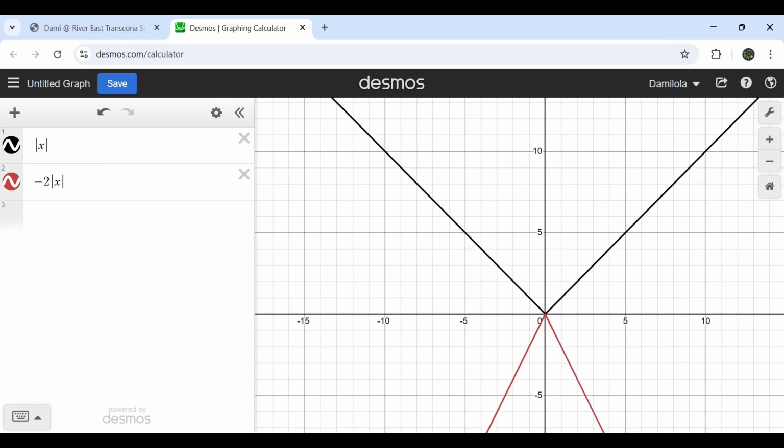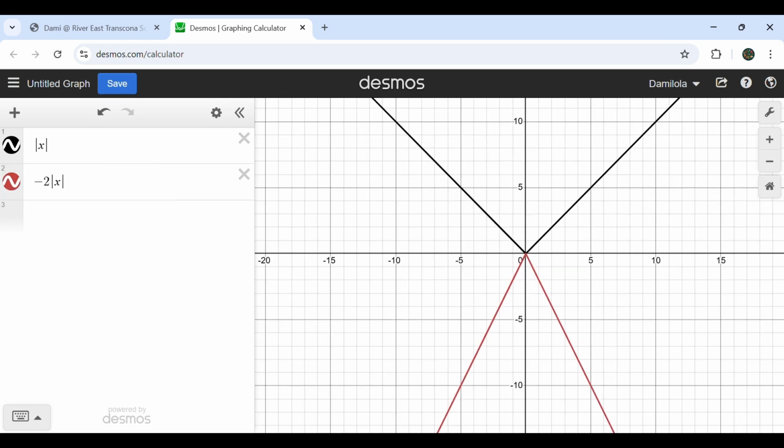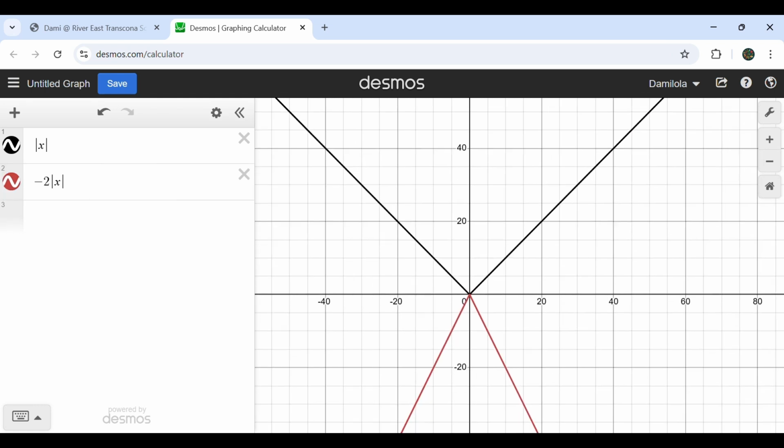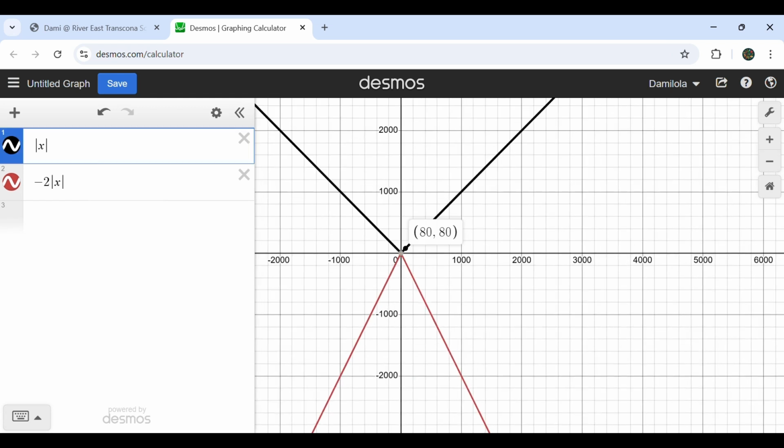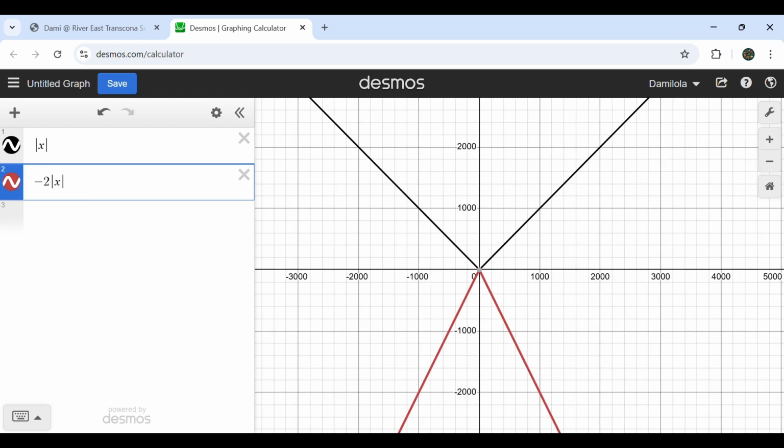Negative 2 times the absolute value of x. So as you can see, it reflected over the x-axis, and I don't know if you can see this very well, but it's slimmed down.